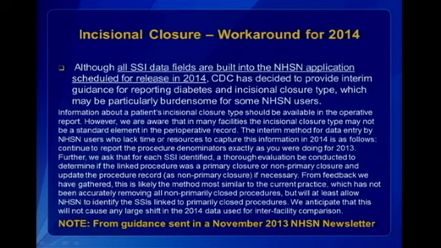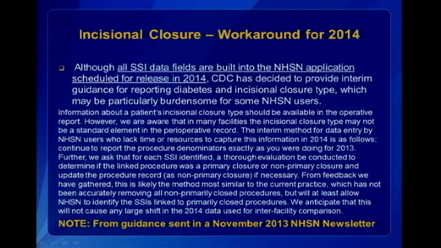So if in fact in 2013, we don't think there were a lot of people doing this, but if you were sending all your colos and only pulling them out of the denominator when you found an SSI attributed to one, and not sending us the SSI and not sending us that procedure, what you would be doing in 2014, if you're doing that same thing, that's all you can do. You're not going to pull that denominator out when you find that open procedure.